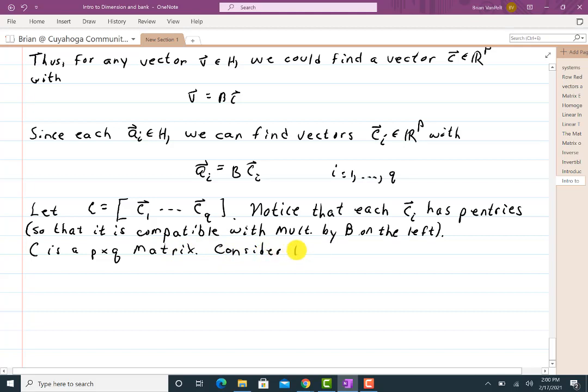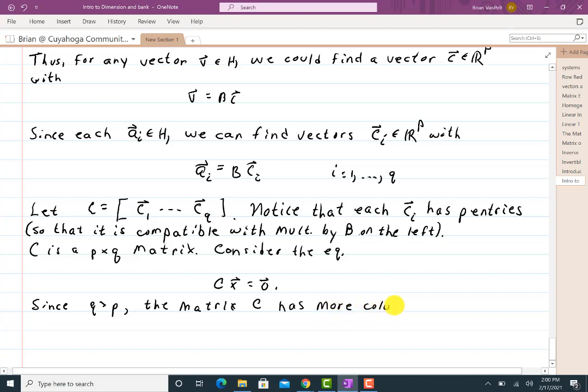Consider the equation Cx equals the zero vector. Since q is greater than p, the matrix C has more columns than rows.